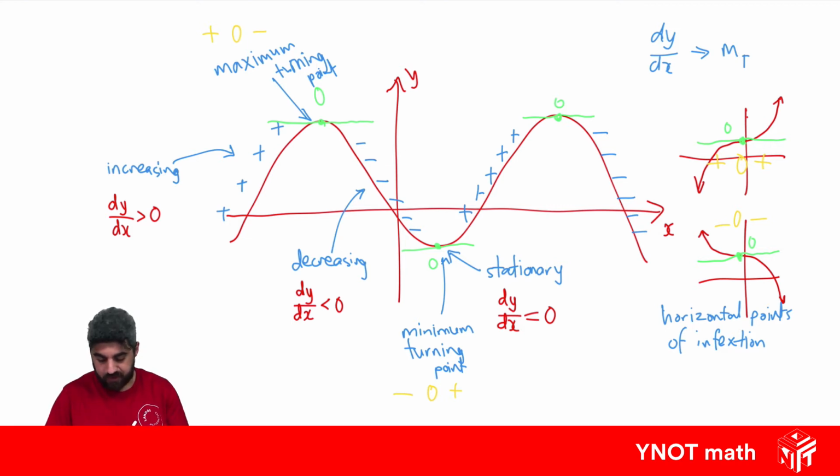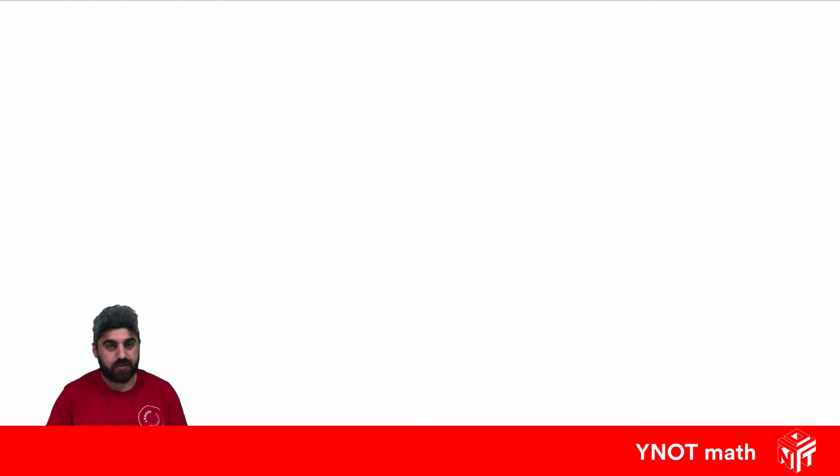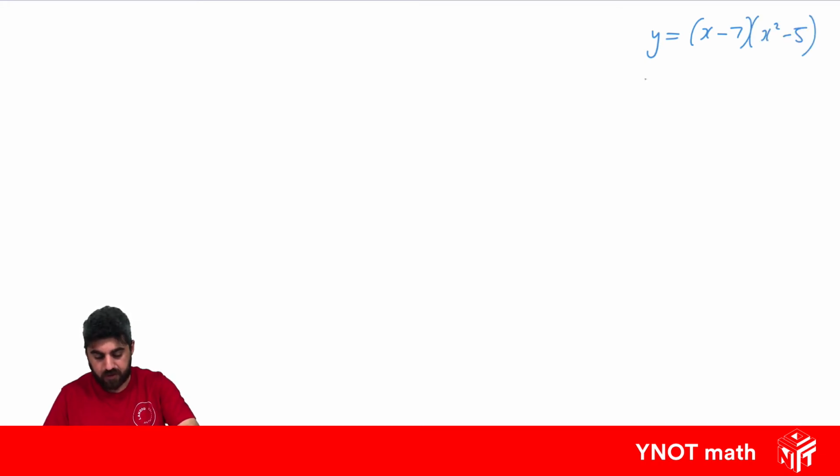So let's have a look at an example of how we can use our first derivative to give us information about the graph. We're going to look at y equals (x minus 7) times (x squared minus 5).